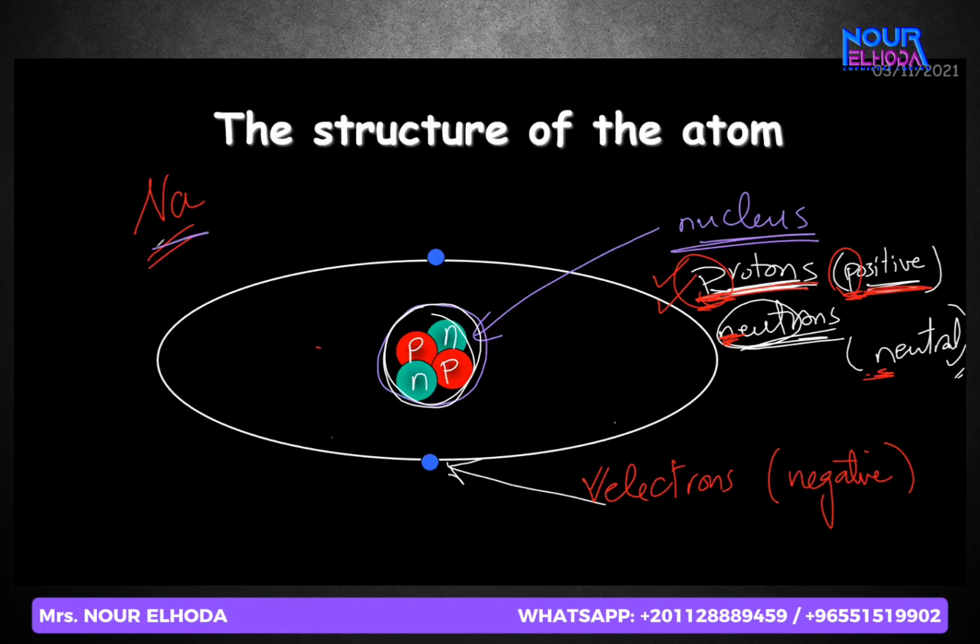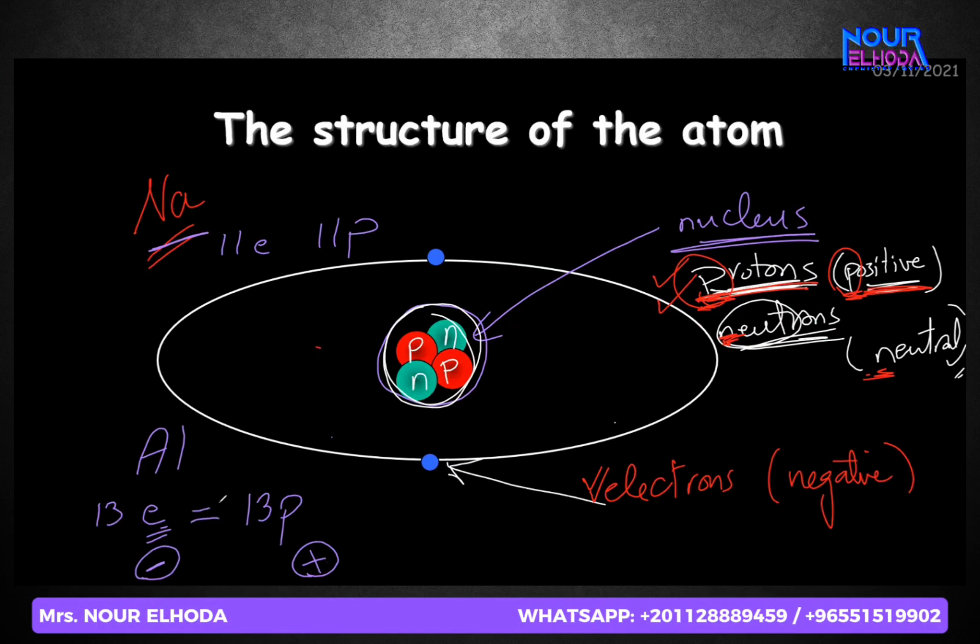If I'm talking about aluminium, it has 13 electrons and 13 protons, and so on. The number of electrons, which are negatively charged, is equal to the number of protons, which are positively charged.